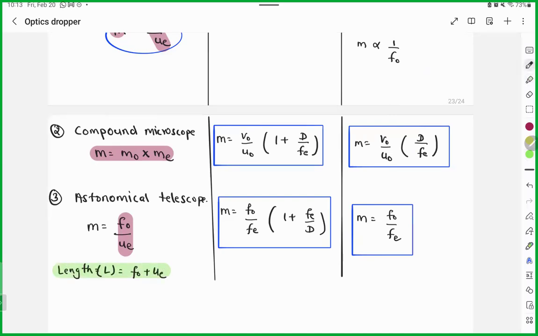And if you calculate here, length L is equal to, first your image was formed, so V naught plus UE. Ask me, guys, any doubt?